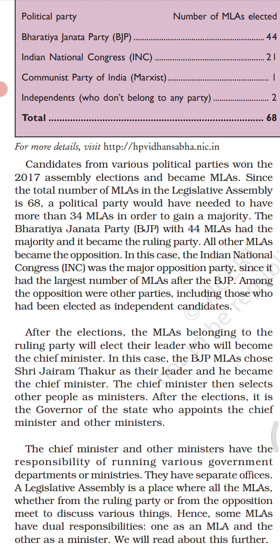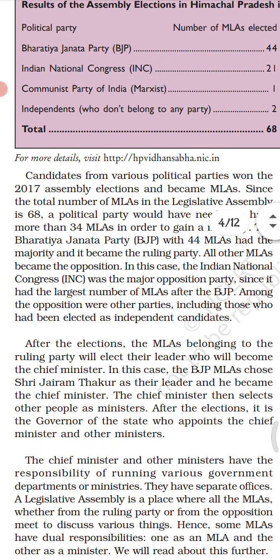Since the total number of MLAs in the Legislative Assembly is 68, a political party would have needed to have more than 34. 34 means half of 68. So more than 34 MLAs in order to gain a majority.